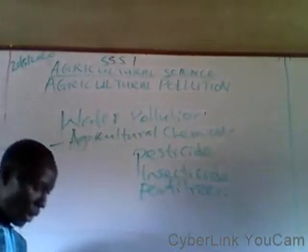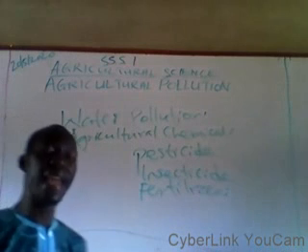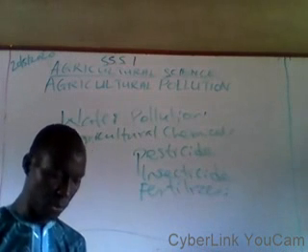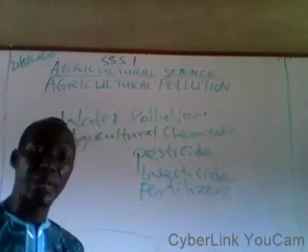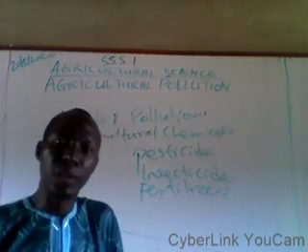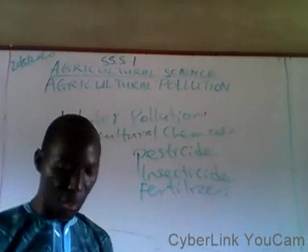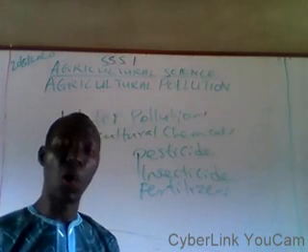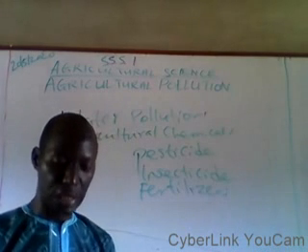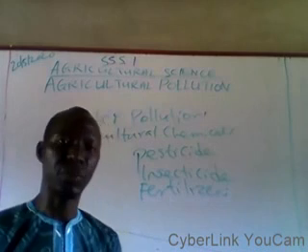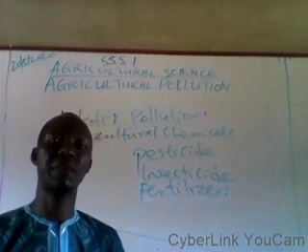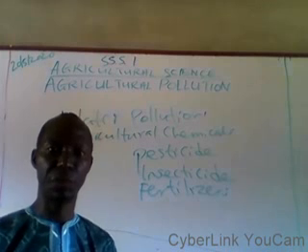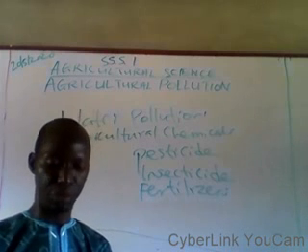Okay? When they are applied in excess, they will accumulate in the soil, and when erosion occurs, it will wash them into the pond, into the fish pond, thereby killing the fishes in the pond.